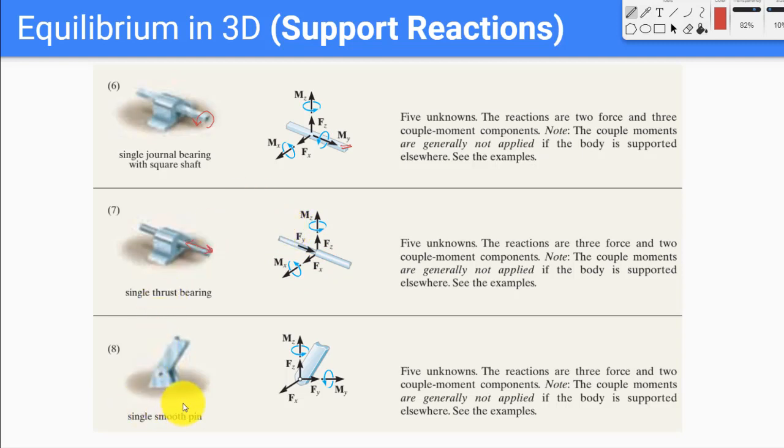A single smooth pin is exactly what we used to have before, but now this smooth pin only allows rotation in one direction, and translation is restricted in all the three directions, and rotation is restricted in the other two directions. So we would get 5 unknown support reactions as shown here.